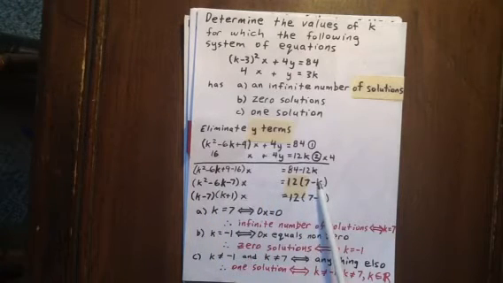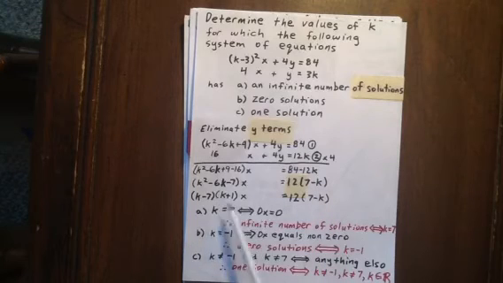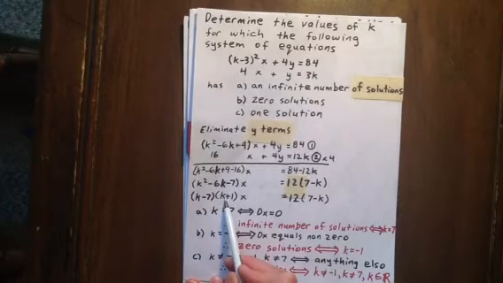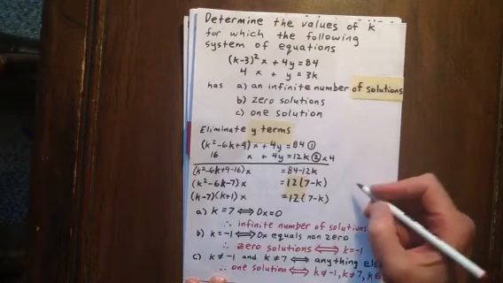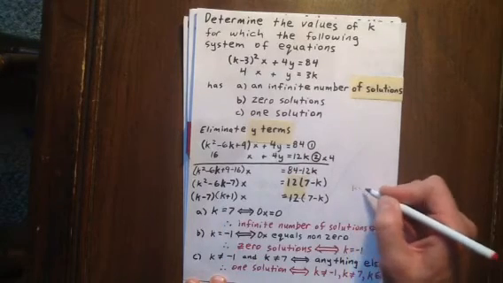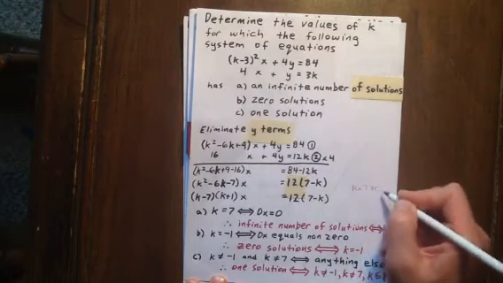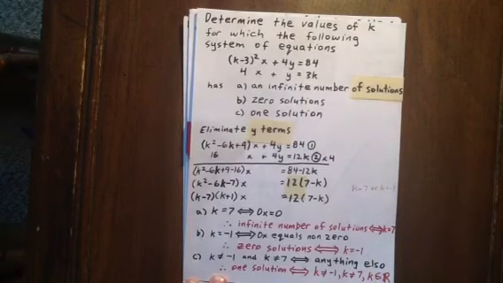The only way that we're going to have 0x plus 0y equaling 0 is if k minus 7 times k plus 1 equals 0 and 7 minus k equals 0. If k minus 7 times k plus 1 equals 0, then either k equals 7 or k equals negative 1.